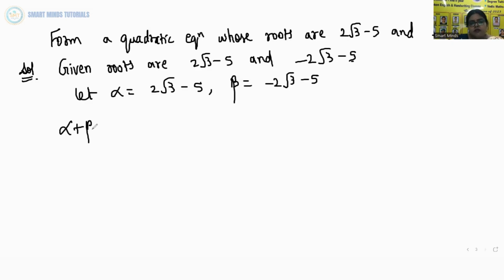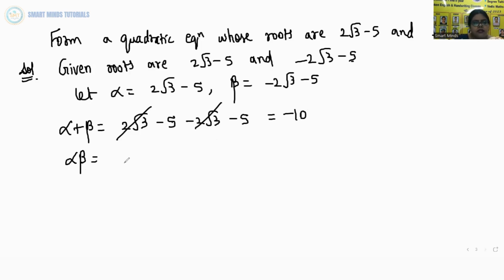First let us find out the sum of the roots. Sum of the roots is 2 root 3 minus 5, we are adding them, so minus 2 root 3 minus 5. Now plus 2 root 3 minus 2 root 3 cancel. Minus 5 minus 5 is minus 10, because when two numbers are negative, we add and keep the negative sign.